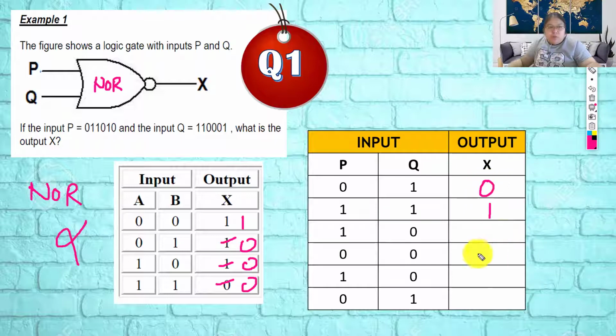Sorry, 1 1 is 0. 1 1 also is 0. For the NOR gate, the situation is like an enemy: you don't want anybody to follow you, you just go alone. So from here, this one also is 0 0. The answer is 3 0 1, then followed by 2 0. So this you call the NOR gate result.